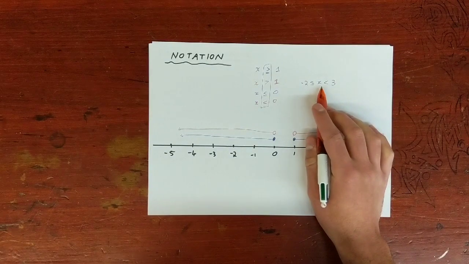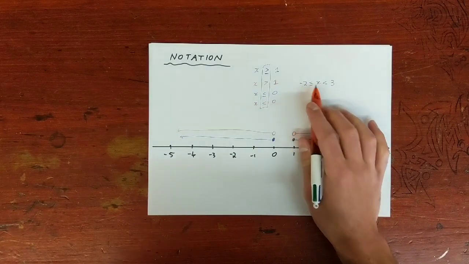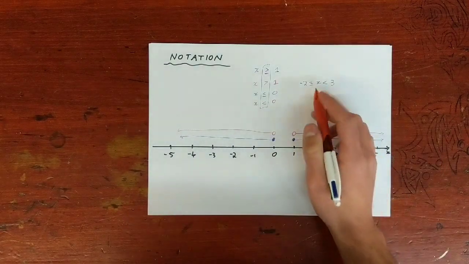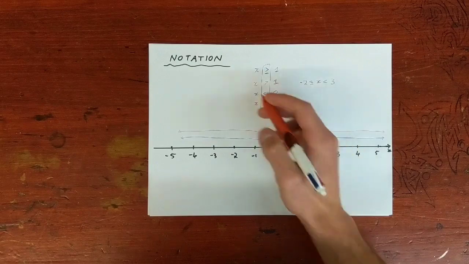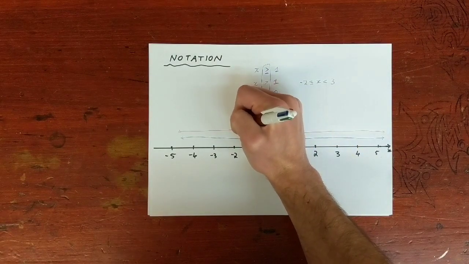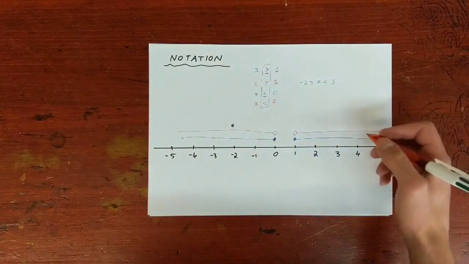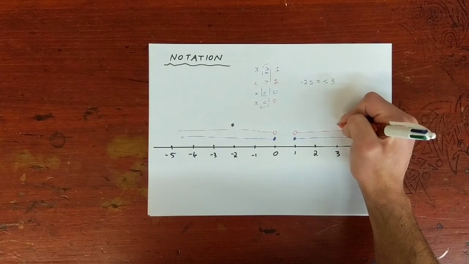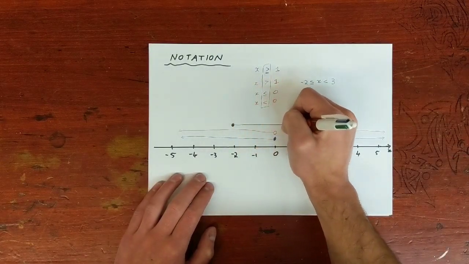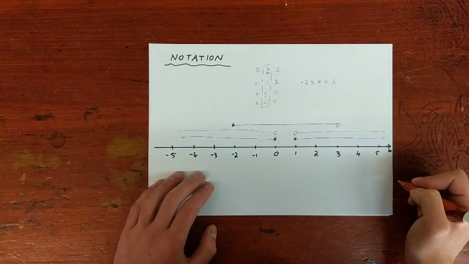This sentence means that x is greater than or equal to -2 and x is less than 3. Greater than or equal to -2, I'll represent with a coloured-in circle at -2, and x is anything off to the right of that. And x is less than 3, I'll represent with an open circle at 3, so x could be anything in between those two, and that's what it would look like on my number line.